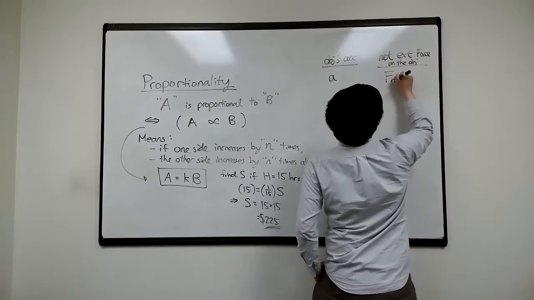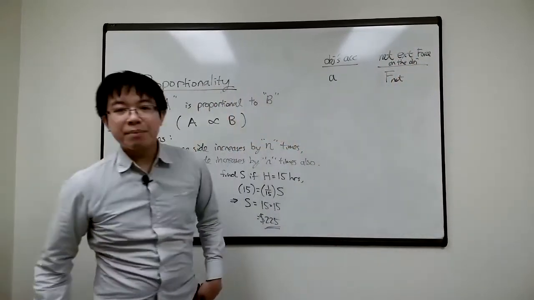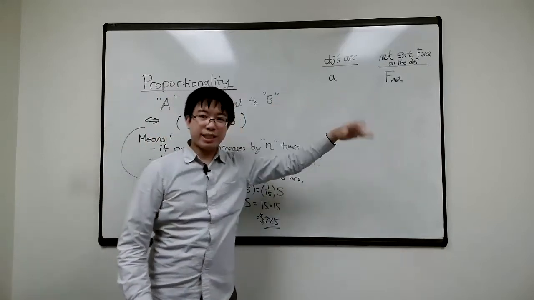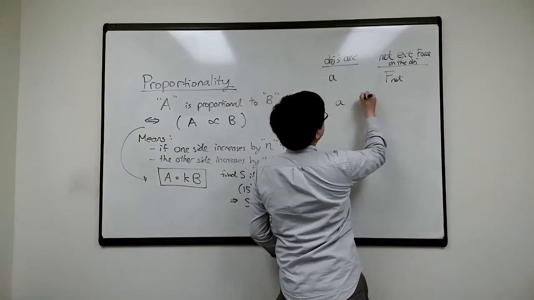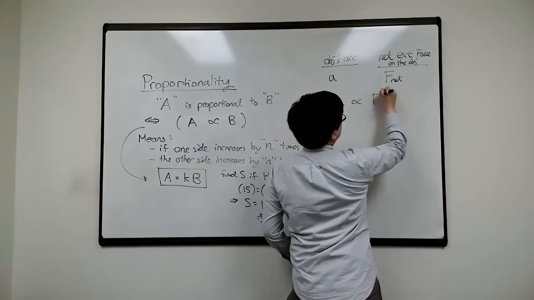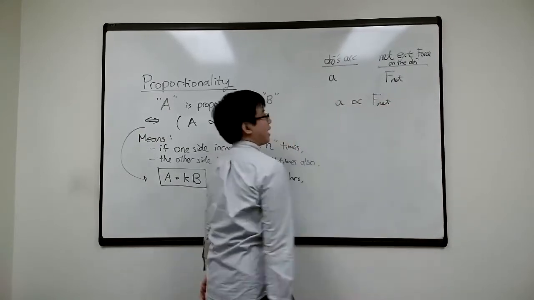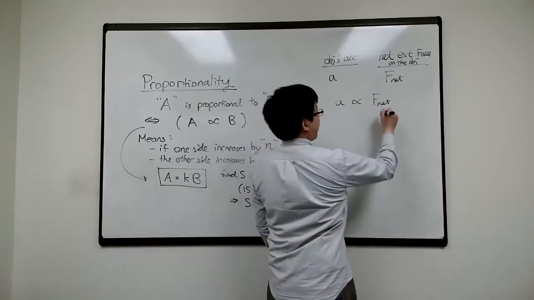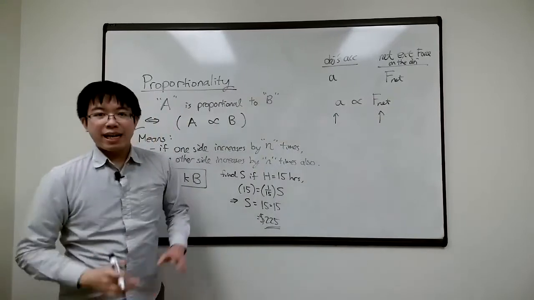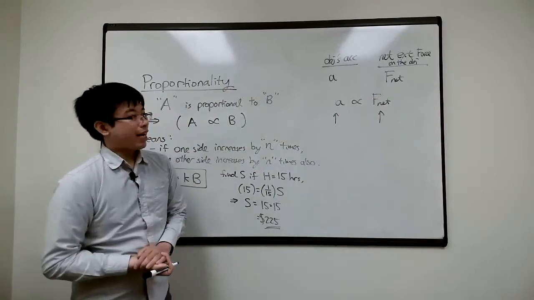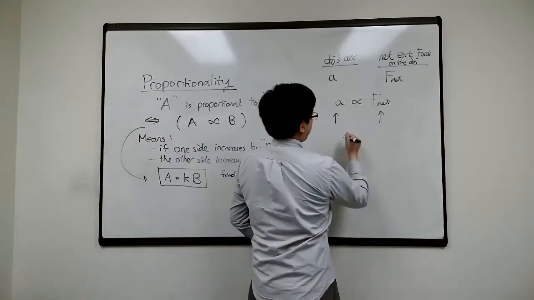Let's use F net. Sometimes if it is understood, we will just write F and not F net. They're proportional. So Newton's second law is claiming that A is proportional to F net. What that means is if you double the amount of force, you double the amount of acceleration on an object.